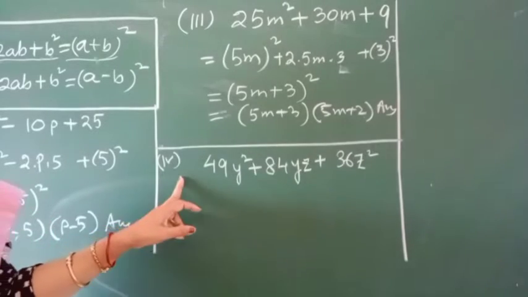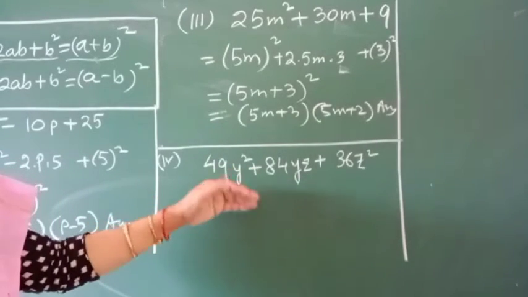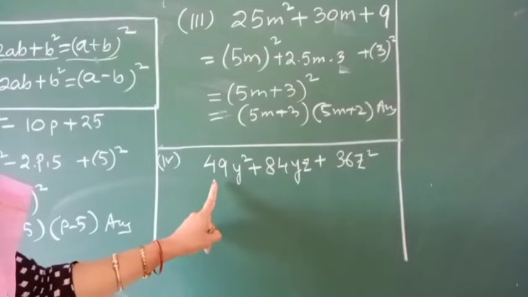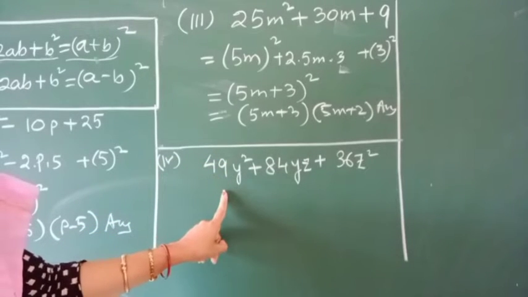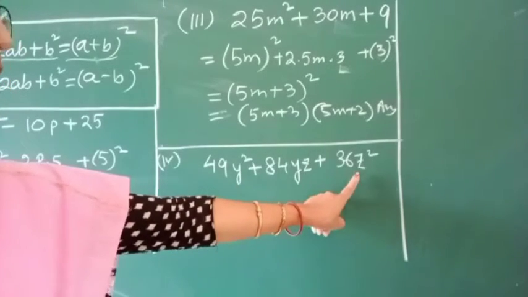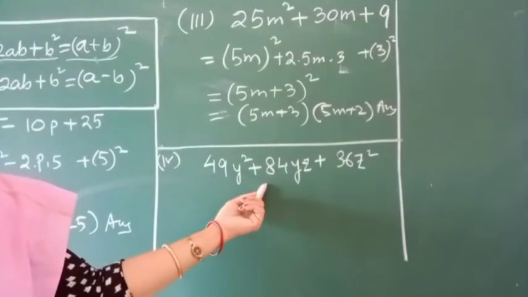See question number 4. Now I hope you all understood the process, the way these sums are going on, how you are solving the sum. See, first term is square number, 49 means 7y whole square, 36 last term also 6z whole square you can write, and the middle term is with a positive sign.